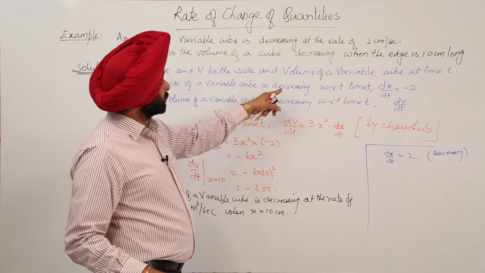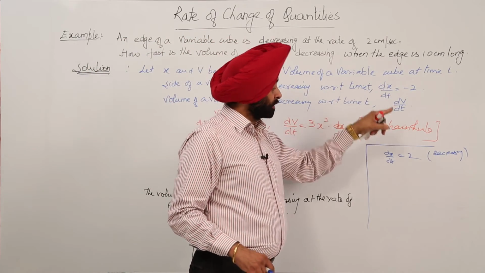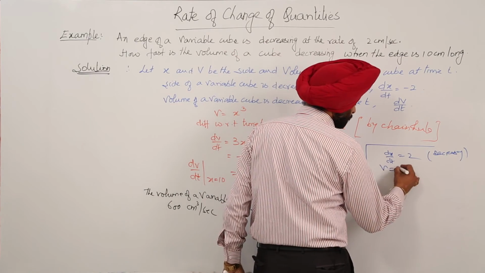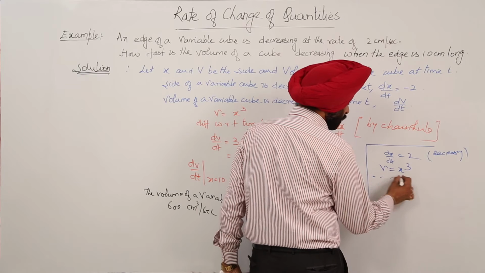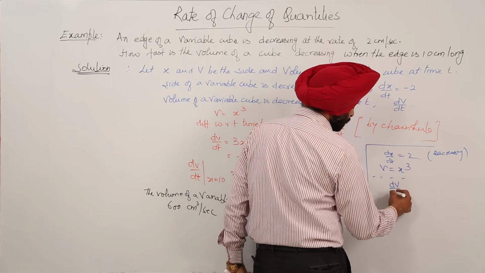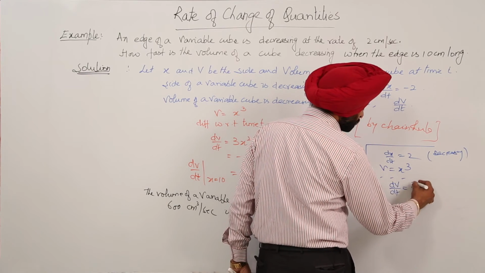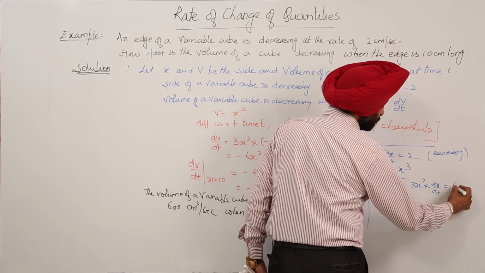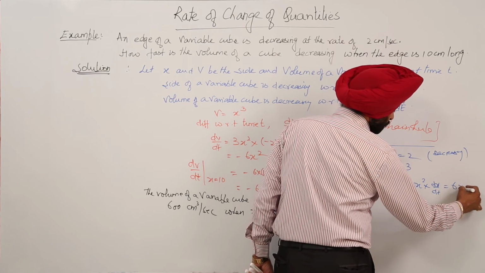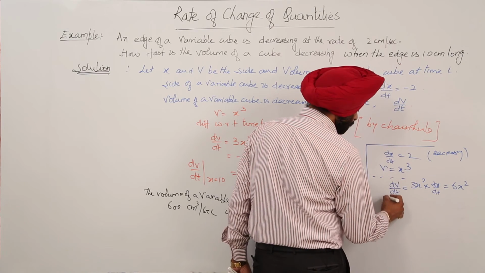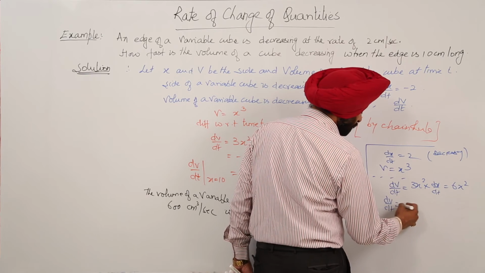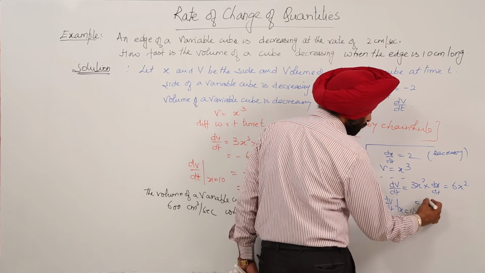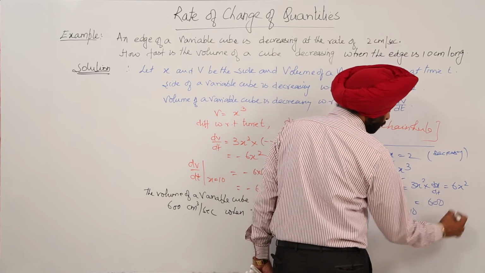Side of a variable cube is decreasing with respect to time, then dx by dt is equal to 2. Volume is x cube, then volume is decreasing, then you are writing dV by dt is equal to 3x square into dx by dt, and this is equal to 6x square. Then dV by dt at x is equal to 10, we are getting 600.